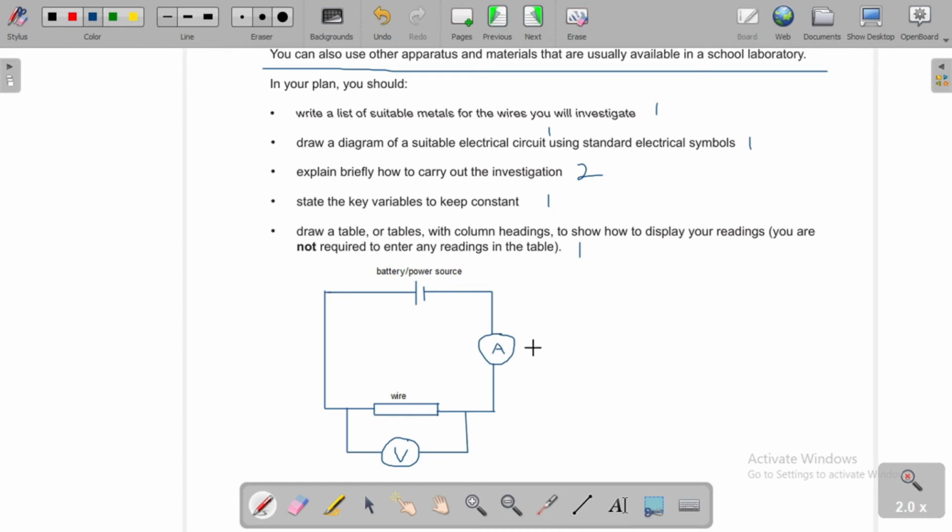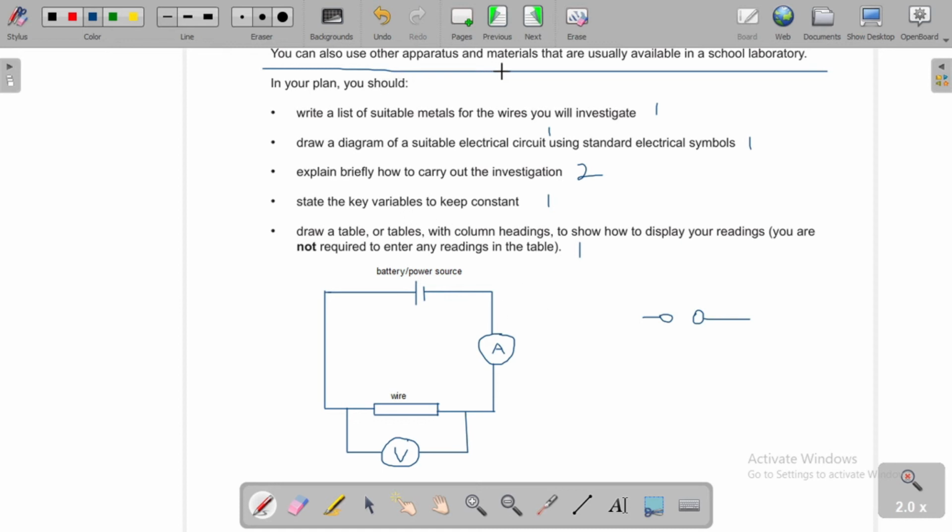We have our ammeter here. We have the power source here. For the power source, you can use this, and then you have your lines like this. Sorry, that was a bad line. As the power source. So this is it.